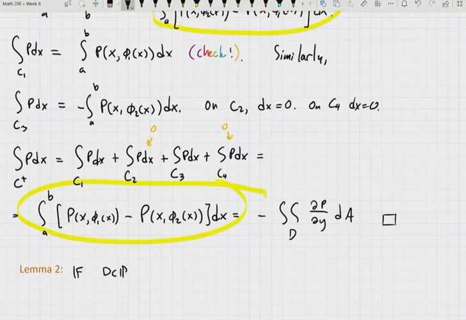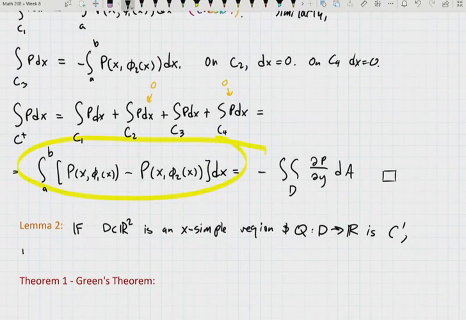If D in R2 is an x-simple region, and we have some function q from D to R that is C1, then the double integral of dq dx is equal to the line integral of q dy.